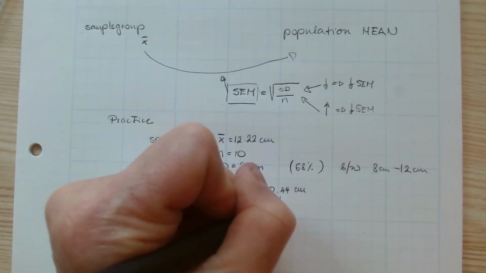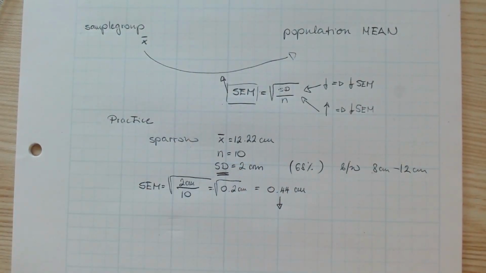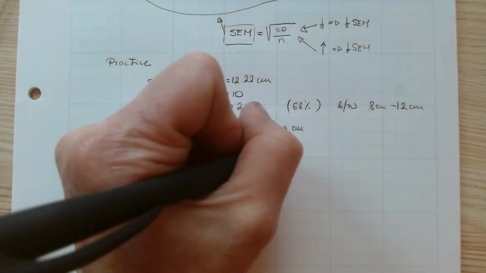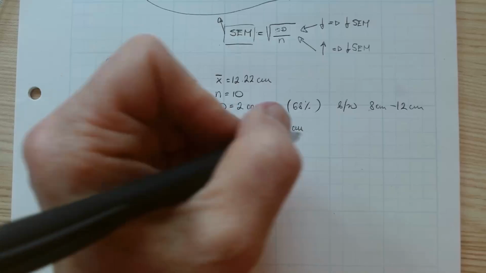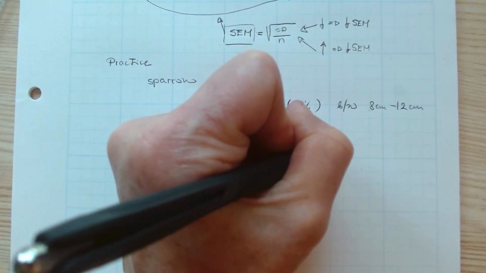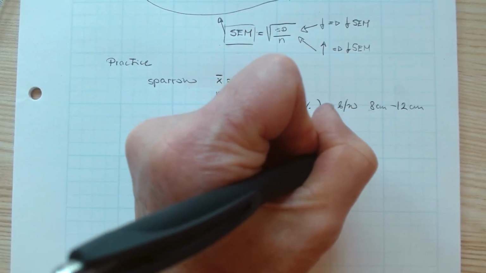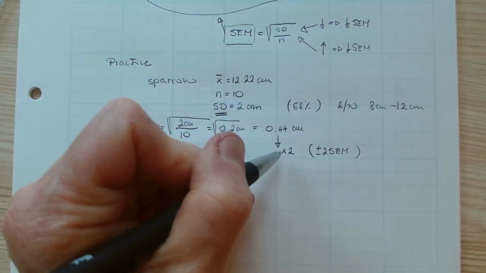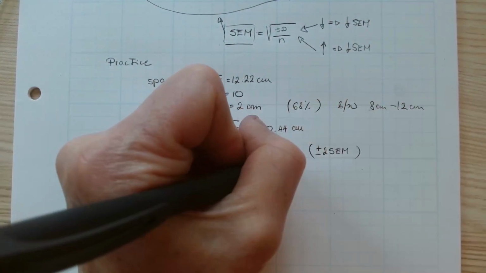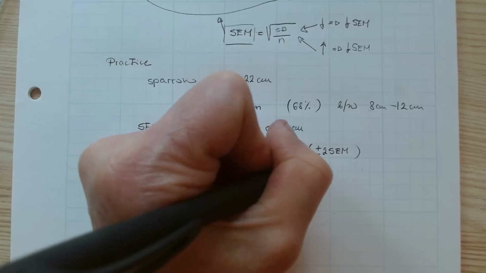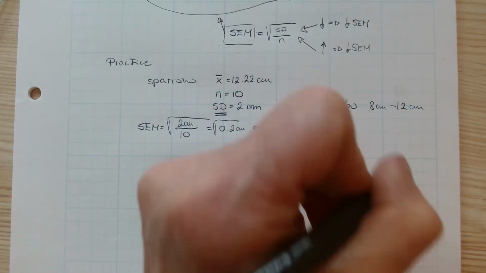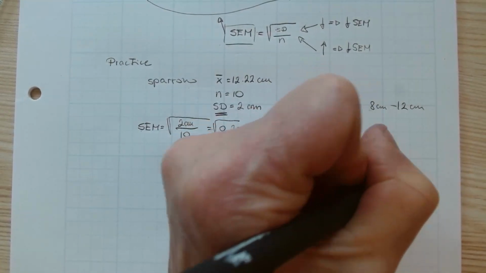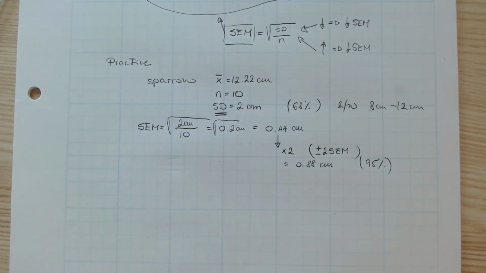So in biology, in this case, we are going to take 2 times the standard error of the mean. They usually write it as plus or minus 2 SEM. That means we multiply it by 2, and this will give us 0.88 centimeters for 95% confidence. So it's not 68%, but 95%.